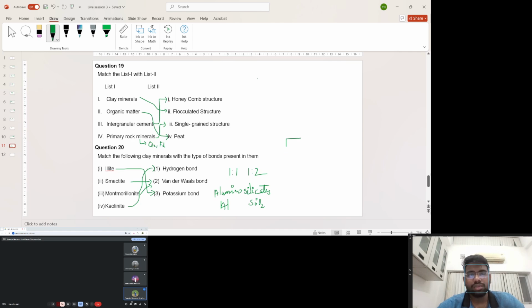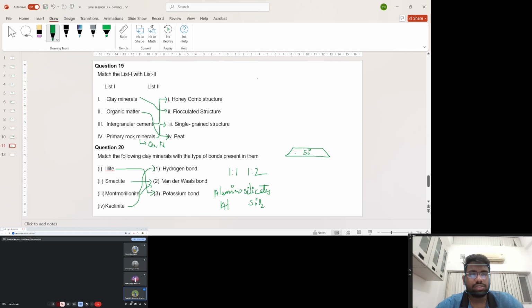1:1 means a single clay mineral comprises one silica sheet and one alumina sheet. This is fairly technical, so you have to note it down. Silica is represented as a trapezium. This is how silica is represented in soil mechanics. Silica sheet, SiO2 sheet.